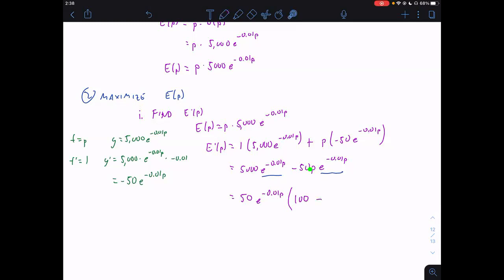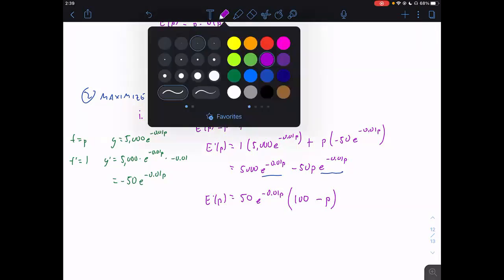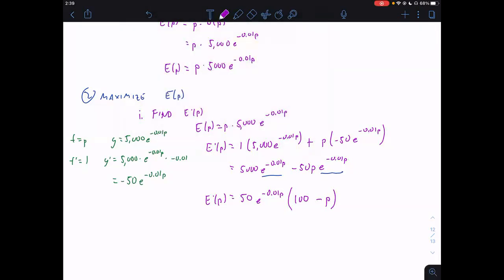Minus, we pulled out a 50 from the second term, so we're left with just a coefficient of 1, and we also pulled out the exponential from the second term, leaving us with minus 1 times p. What's left on the inside is just p. So this is going to be our derivative: 50 times e to negative 0.01 p times 100 minus p. Okay? So we found the derivative.